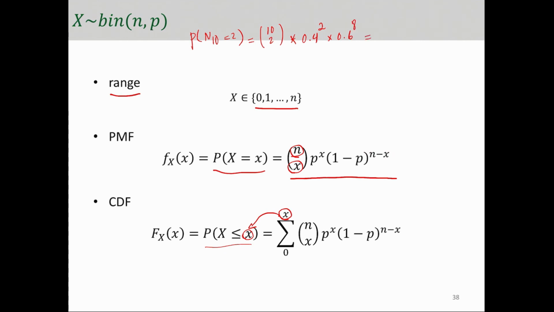So when you calculate that, that's the probability of 2 successes out of 10 trials. The answer is about 0.12. So that's a quick example of showing you how to use this formula to calculate probabilities.